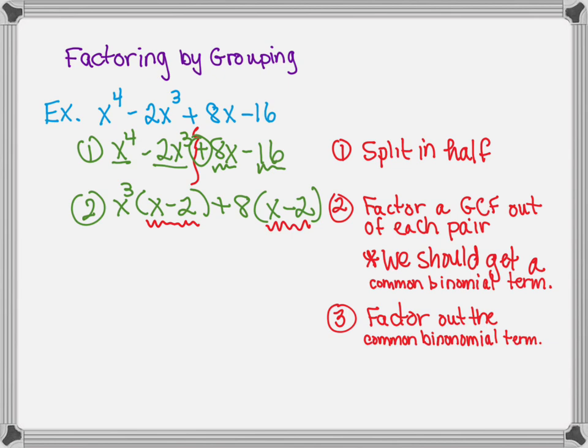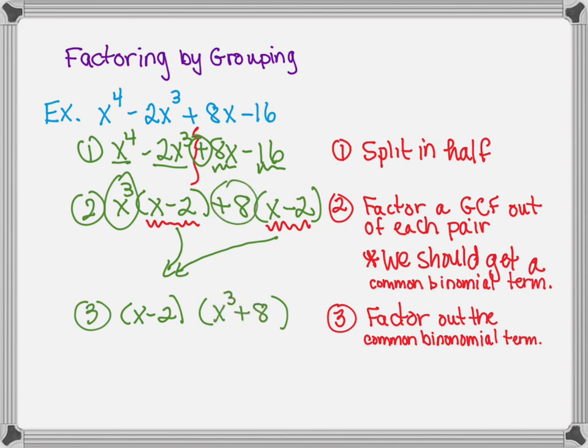Or if we don't get a common binomial term, then we can't use factoring by grouping, I should say. But so we did get a common binomial term. We're going to factor that out. So I'm going to factor out that x minus 2. And now I'm left with the x cubed plus 8, which goes in that second parentheses.